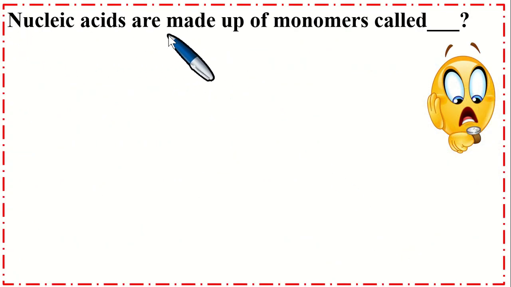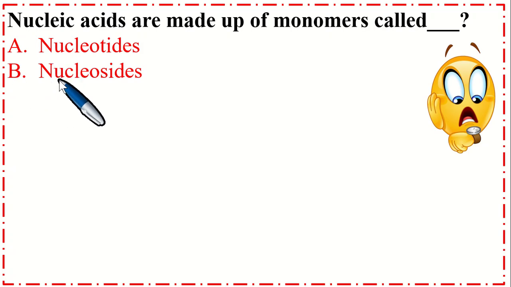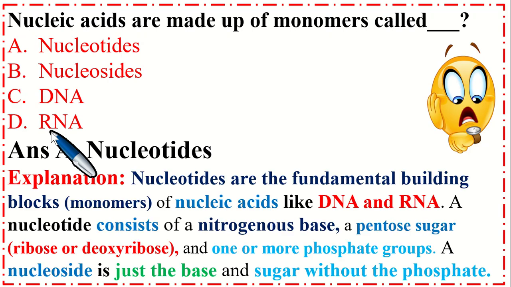Nucleic acids are made up of monomers called dash. Option A, nucleotides. B, nucleosides. C, DNA. And option D, RNA. So the correct option is A, nucleotide. Nucleotides are the fundamental building block monomers of nucleic acids like DNA and RNA.